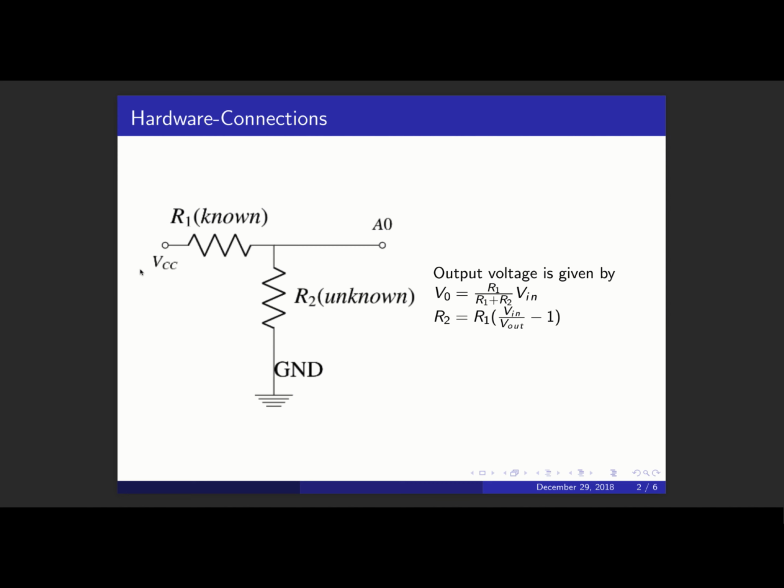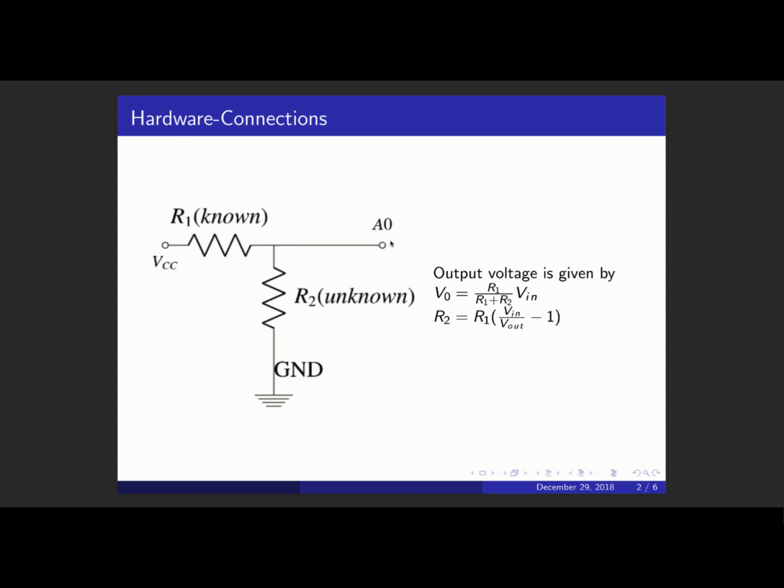And from the junction point of R1 and R2, we need to connect one pin to the analog pin on the Arduino. I am using the first analog pin, which I have written here as A0. So connect the junction to the first analog pin on the Arduino board.